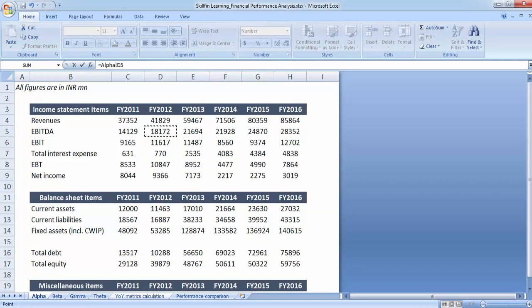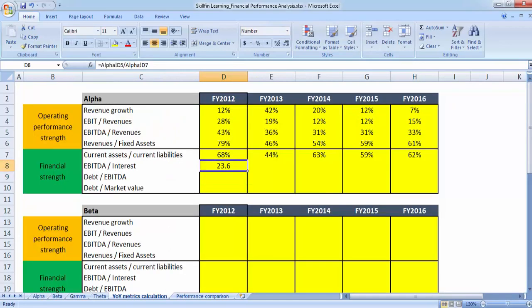So cell D5 is the 2012 EBITDA for the company alpha, divided by my interest payment for that year. My interest expense for that year is given by cell alpha D7, which is the 2012 interest payment, and I press enter. This 23.6 times is the number that we have found out for the EBITDA coverage ratio for the company alpha in the year 2012.